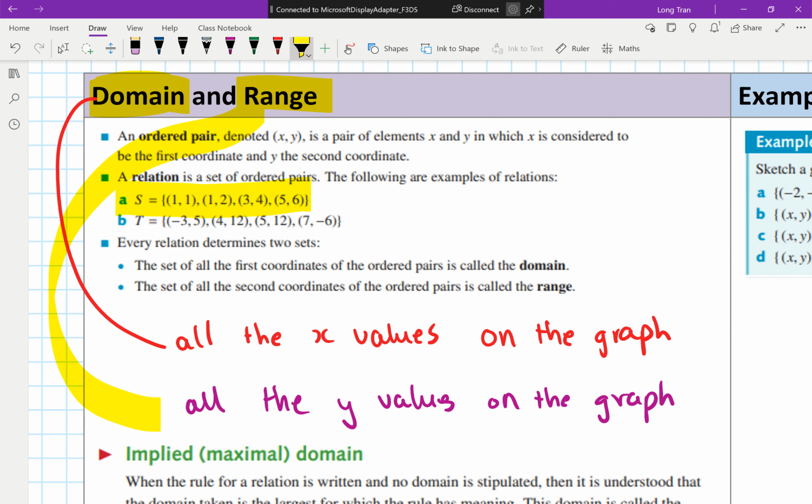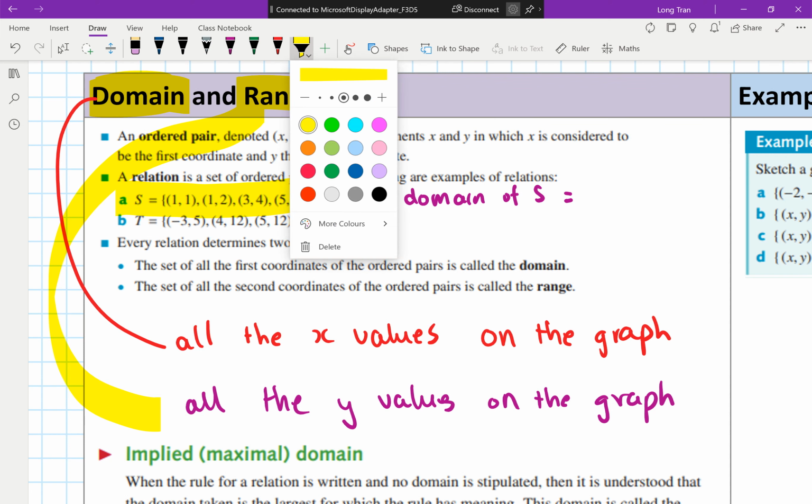Now in this first relation, S is equal to, what's in this relation? I've got 1, 1, 1, 2, 3, 4, 5, 6. I've got 4 coordinates. Out of those 4 coordinates, if I asked you what is the domain of S, you would then tell me only the x values. Now you can list the x values, but it may take long depending on what I have. In this case, I only got 4 x values. What are my 4 x values? I'm going to use a different color.